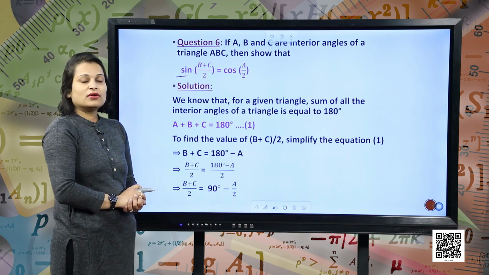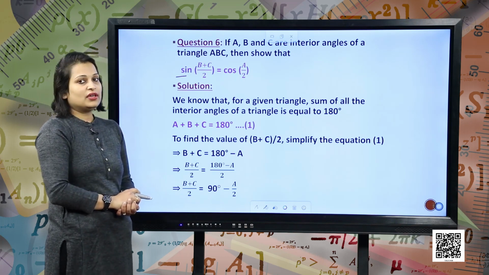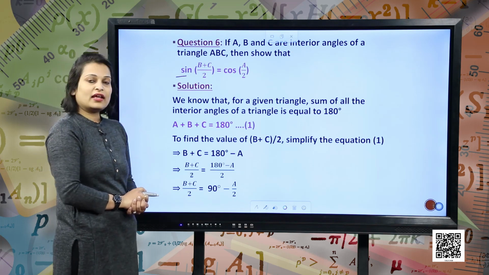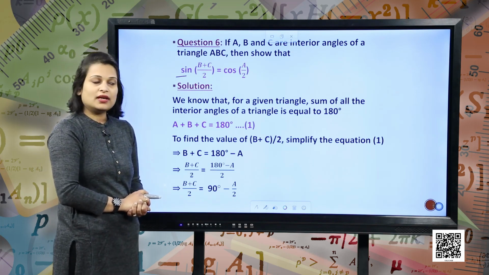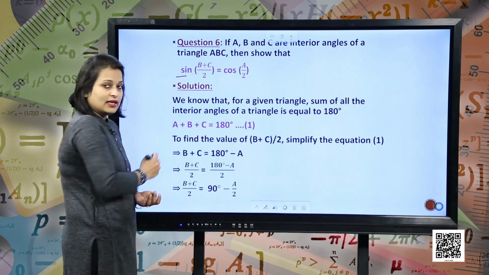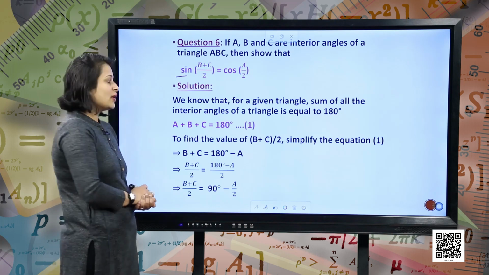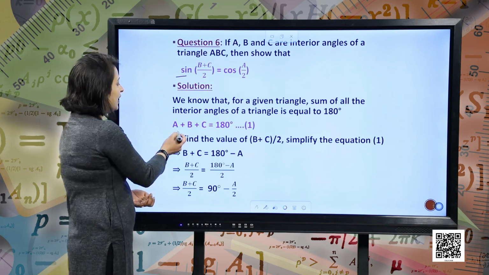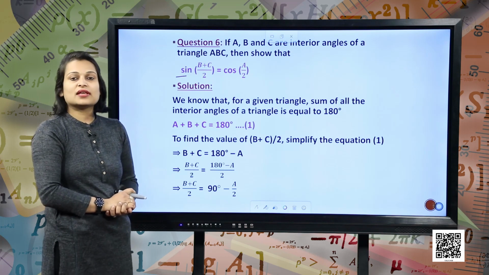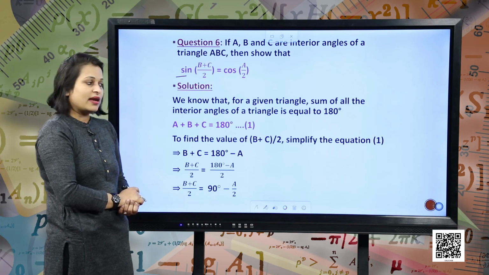Now we know that for a given triangle, sum of all the interior angles of a triangle is equal to 180 degree. So A, B and C, since these are the angles, sum of these angles is equal to 180 degree. So A plus B plus C is equal to 180 degree. Mark this equation as 1.